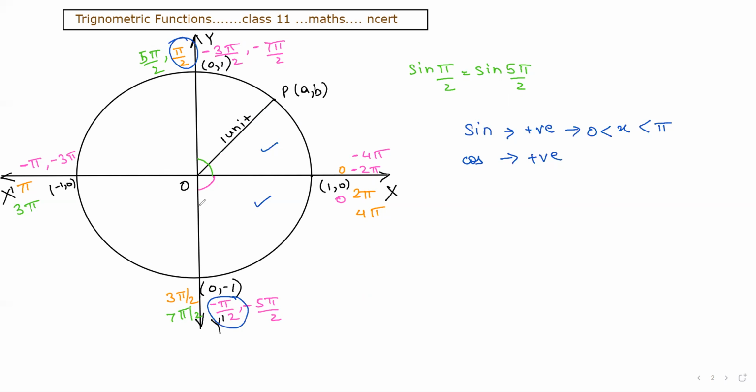We're taking this notation because if we start over here, instead of starting from the positive x-axis, we start from the negative y-axis, and keep on adding certain values to x, your x value increases, and ultimately you'll reach this particular point. So you can see that the cos value is positive when x is between minus pi by 2 and plus pi by 2.